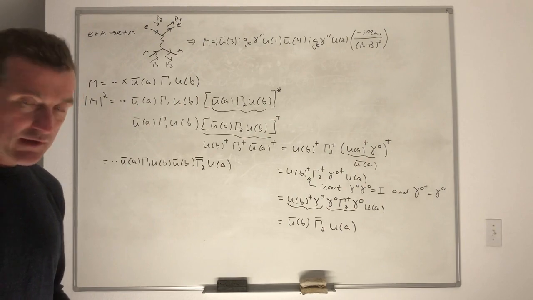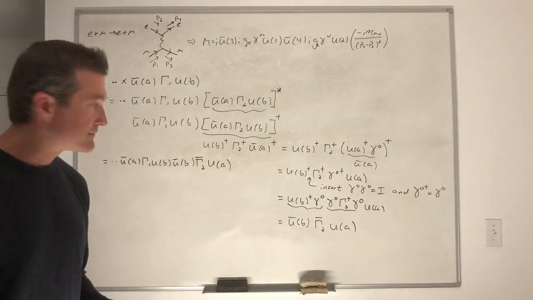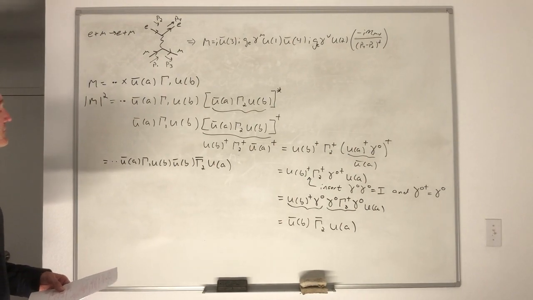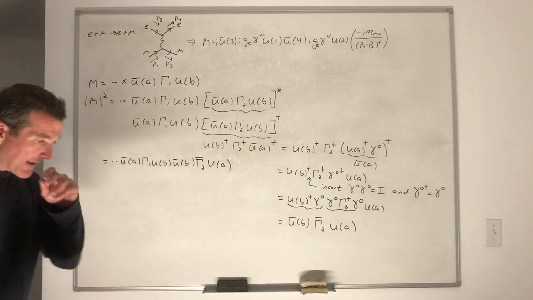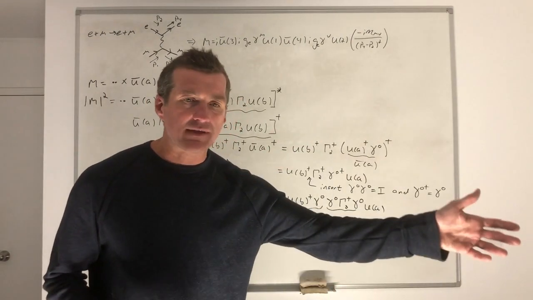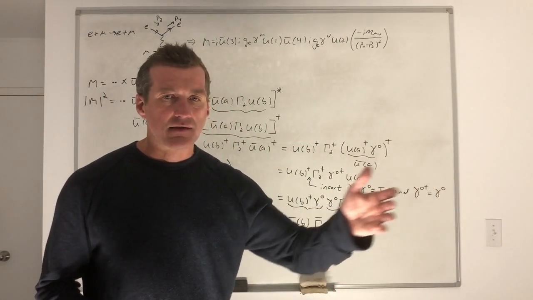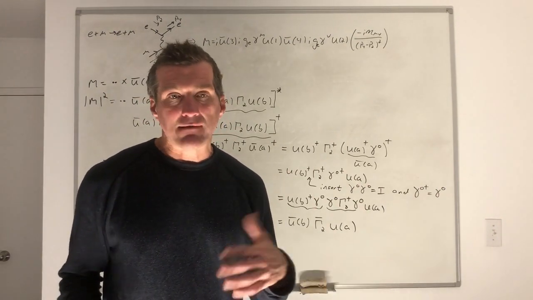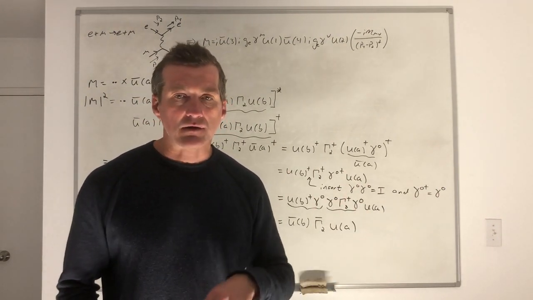And now is where we're going to do a trick. All right. Now, whether we're averaging over the spin states or summing over the outgoing spin states, the first thing you have to do is sum, right? I mean, when you're averaging, you just sum and divide by the total number.